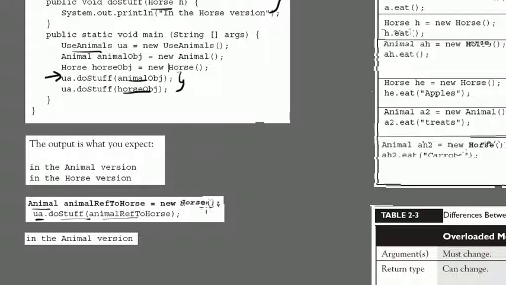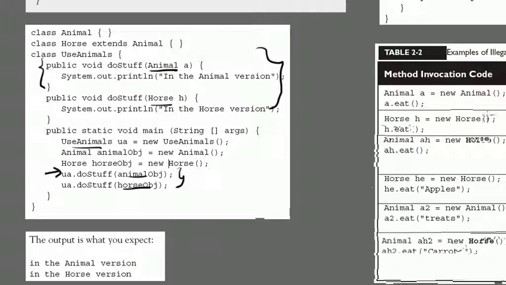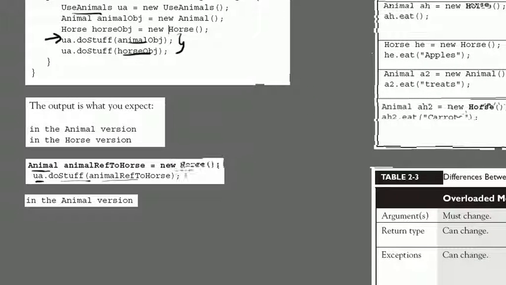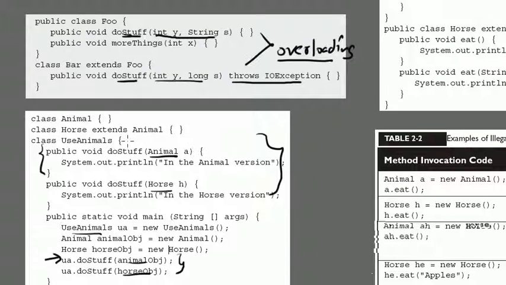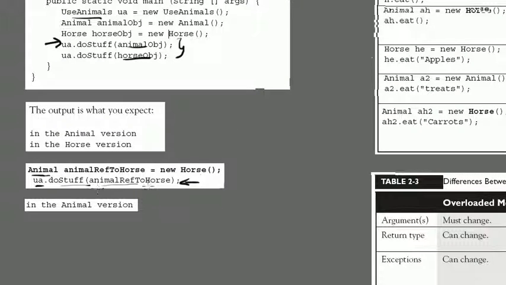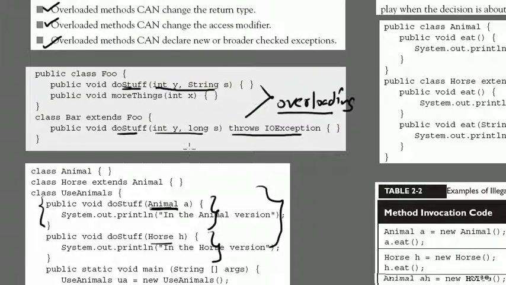Even though it's pointing to a horse object at runtime, at compile time the type is what matters, so again this is the method that is invoked.